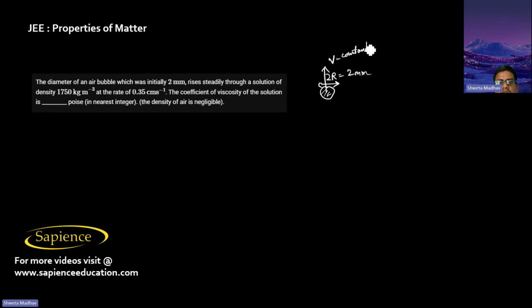It rises with a constant speed through a solution having density sigma, that is 1750 kg per meter cube, at the rate of v is 0.35 centimeter per second. The coefficient of viscosity of the solution is, and density of the air bubble is negligible. It means the density of the air bubble, we can take it approximately as 0 only.